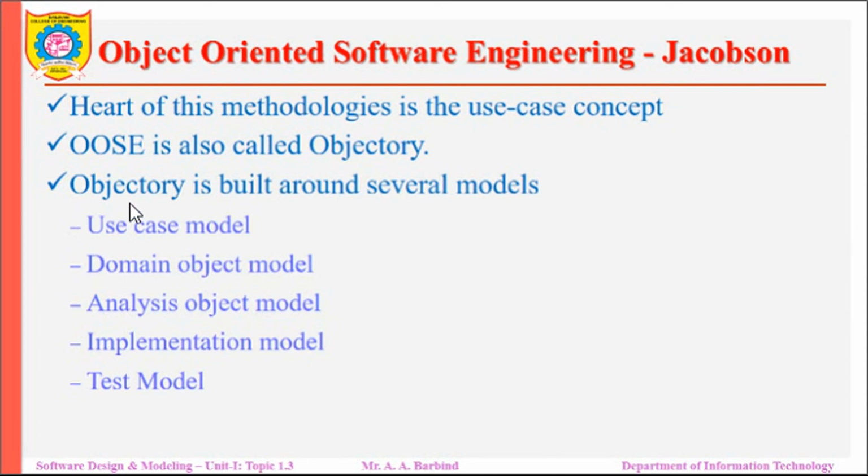As already discussed, the use case model proposed by Jacobson was very popularly used. So like this, many software modeling techniques based on object-oriented technologies were existing, and different people were using these different technologies.